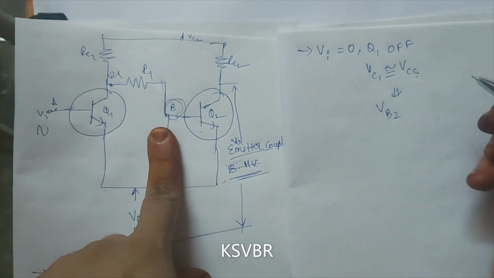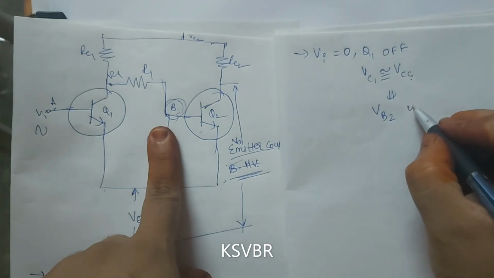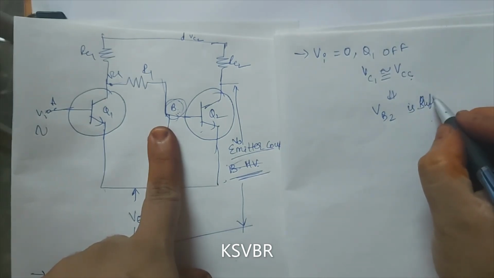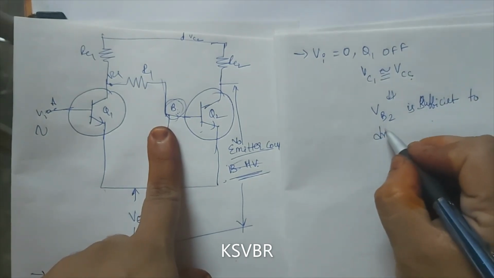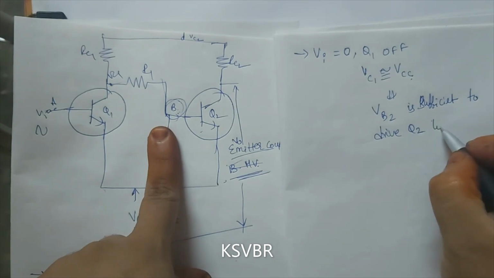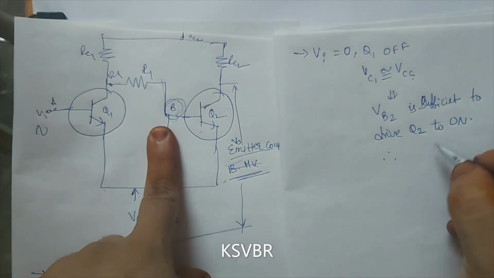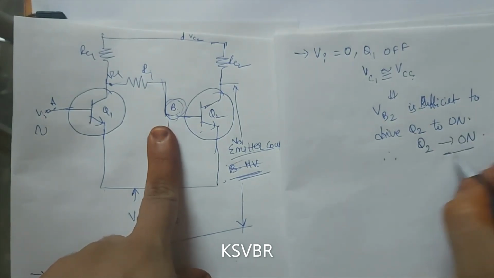That's so because VC1 is equal to VCC, so VB2 is sufficient to drive Q2 to on. Therefore Q2 is in on condition.